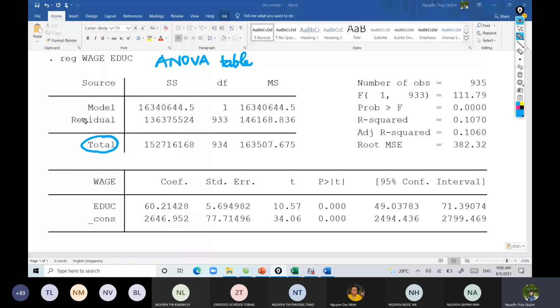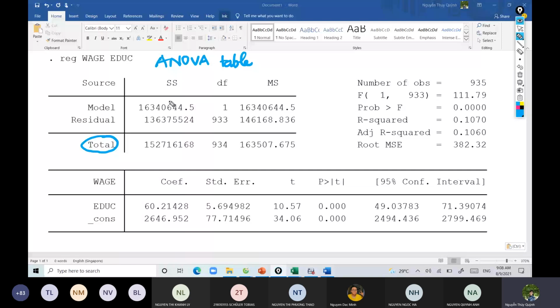In the second column here, we have SS, which stands for sum of squares. For example, this one is the sum of squares of the variation that is due to our model, due to the factors inside the model, which are the independent variables. So what is that value?